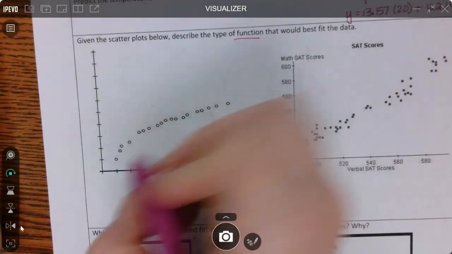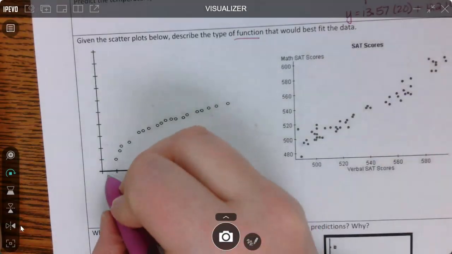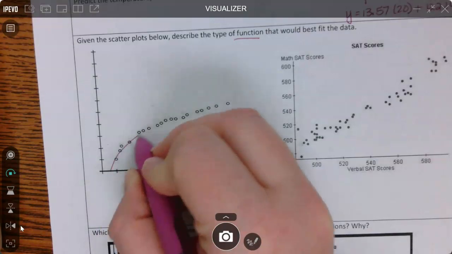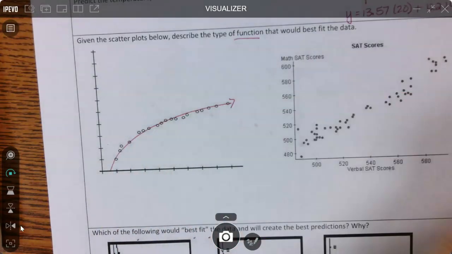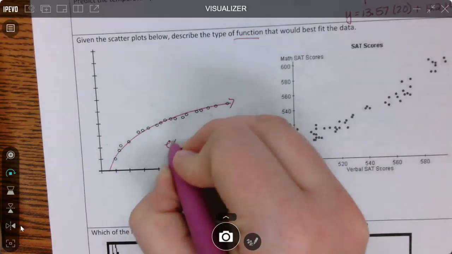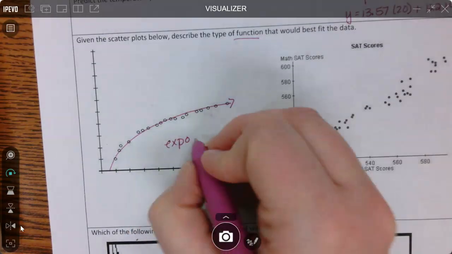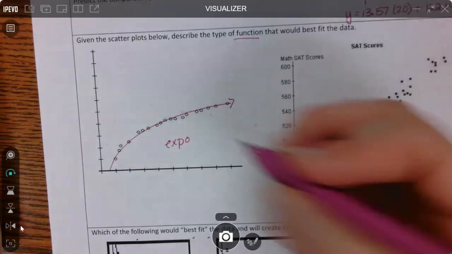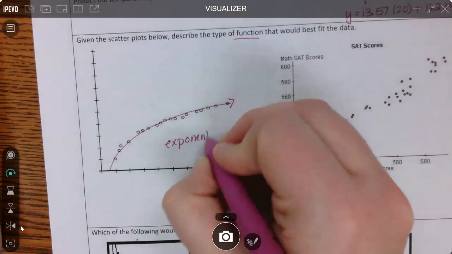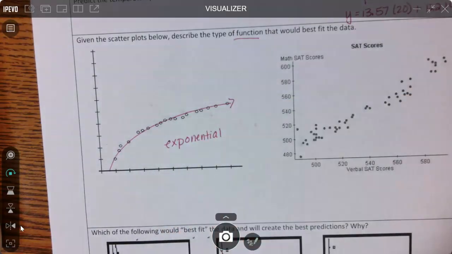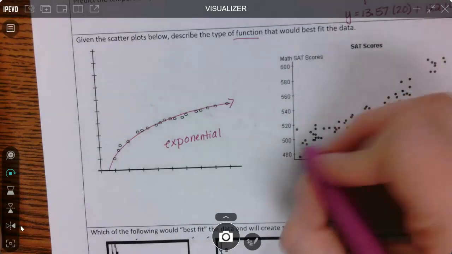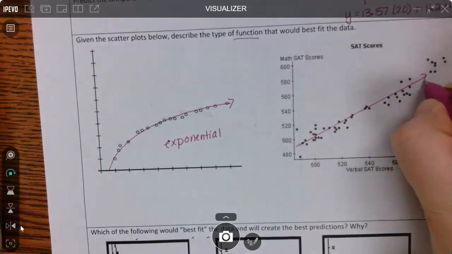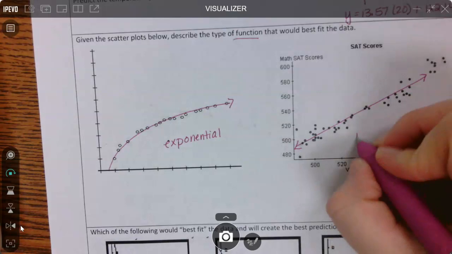So, this data would be more like an exponential function. It's not linear here. It does not make a straight line. It's more like a curve. This data is going to be linear.